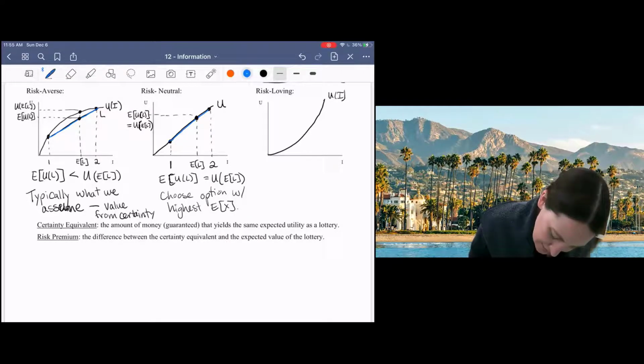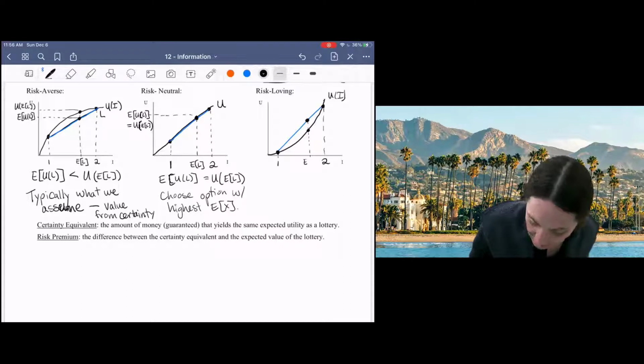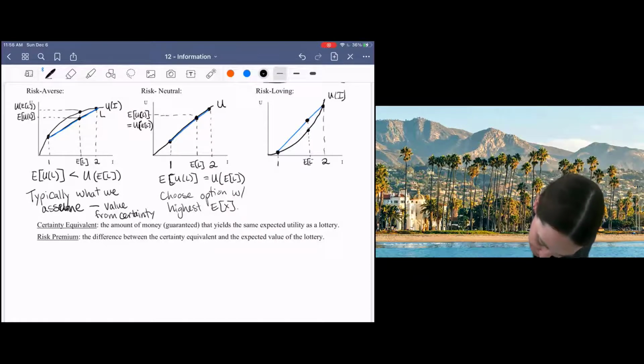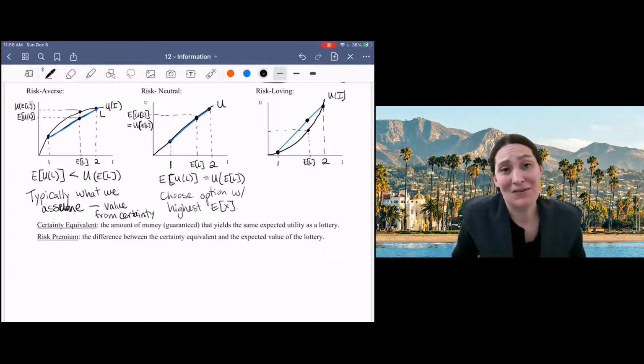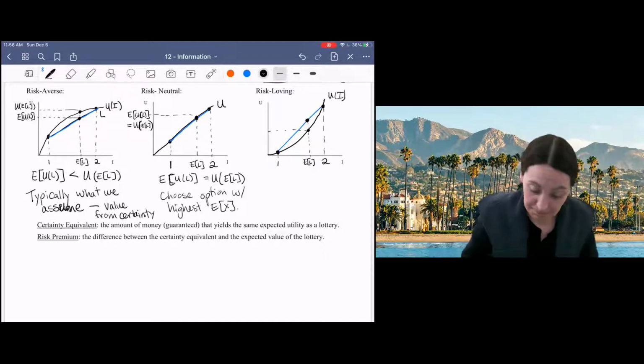And here you can see if we have a lottery with our two different outcomes, that the expected utility is actually higher than the utility of the expected value. Right, so maybe you're going to pay that $1 for a lottery ticket because it's just $1 and you have a small chance of winning a large amount of money.